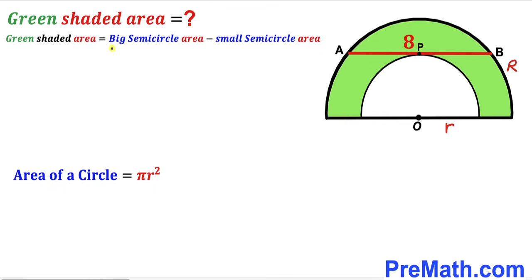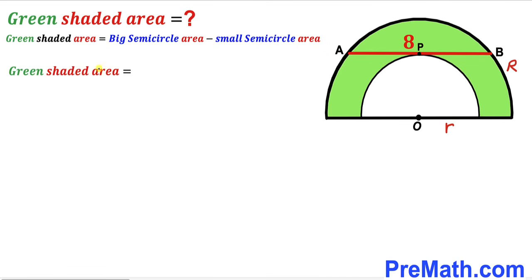Now let's focus on this big semicircle whose radius is uppercase R. Its area is going to be pi times uppercase R square divided by 2. The smaller semicircle, whose radius is lowercase r, has an area of pi times lowercase r square divided by 2.